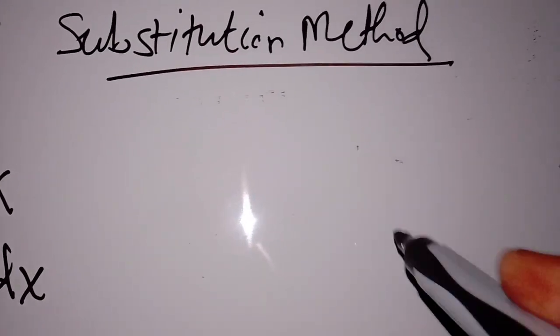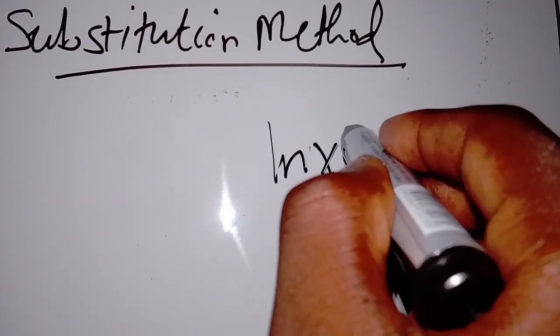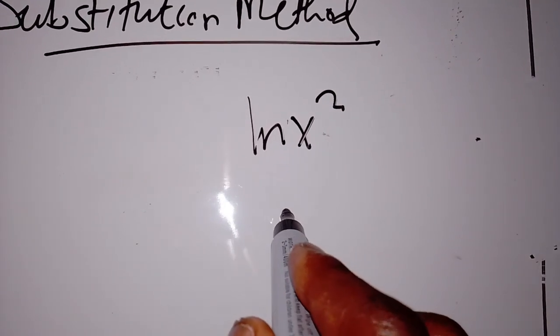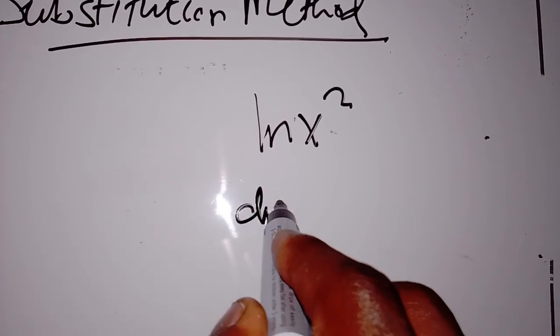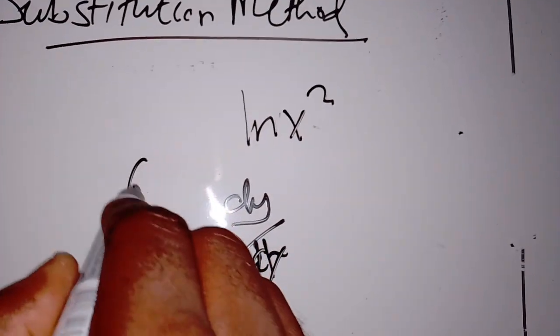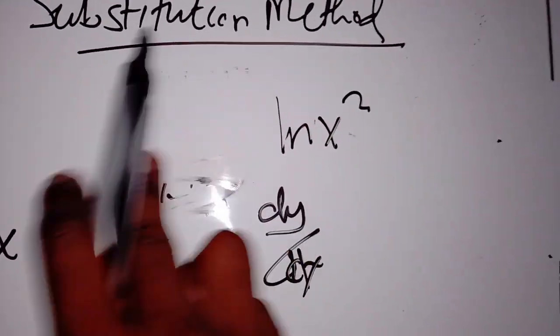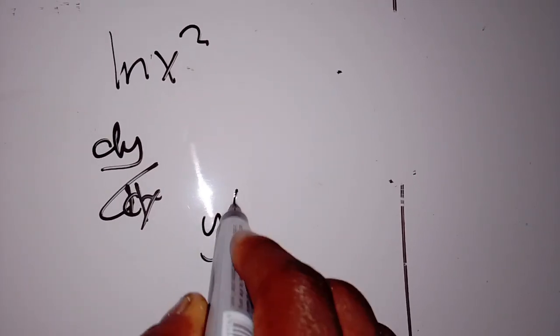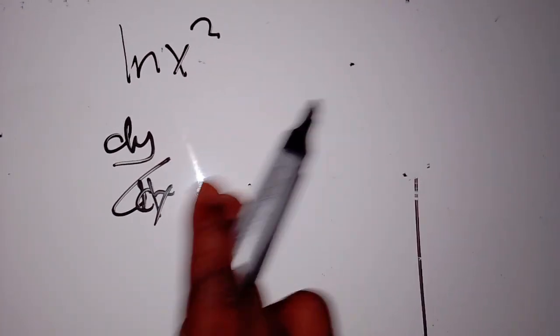Imagine if you have ln x squared, what would you do if you are asked to differentiate? dy/dx, or f prime, or y prime, also means dy/dx.